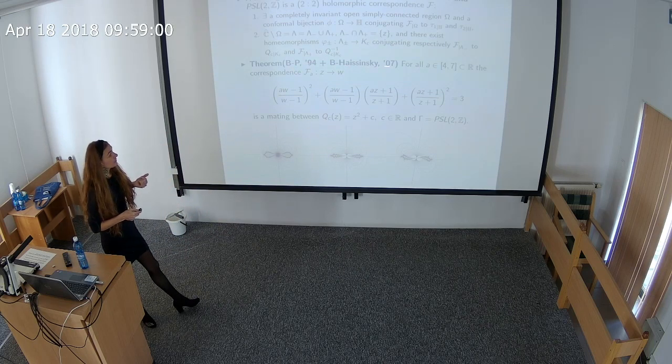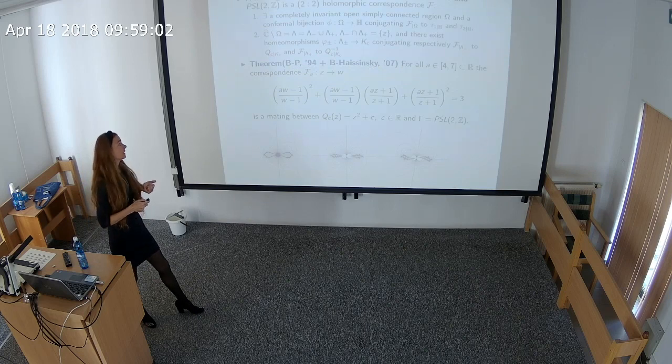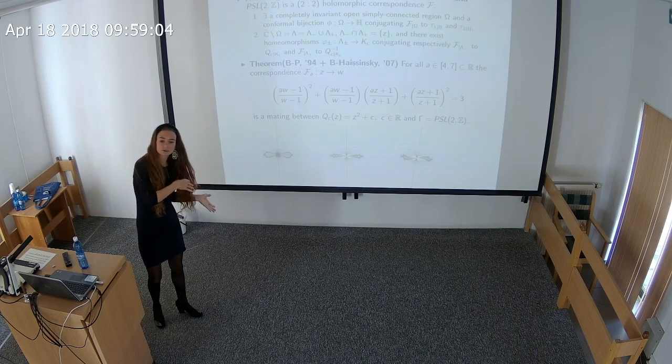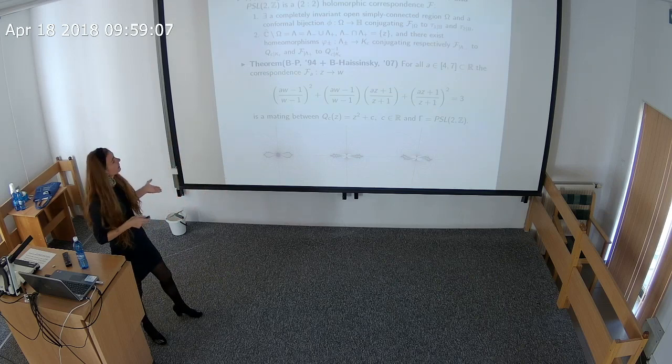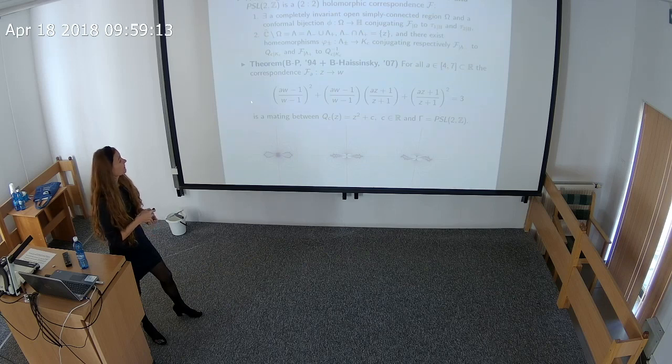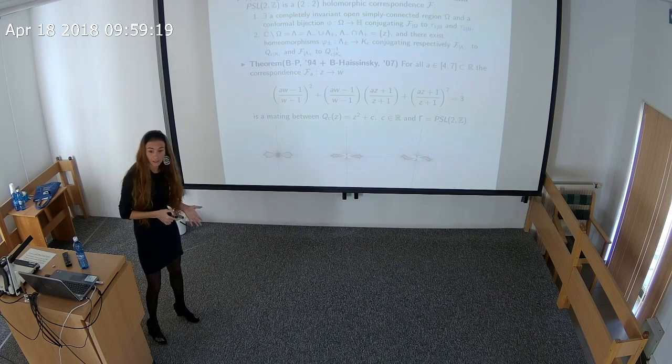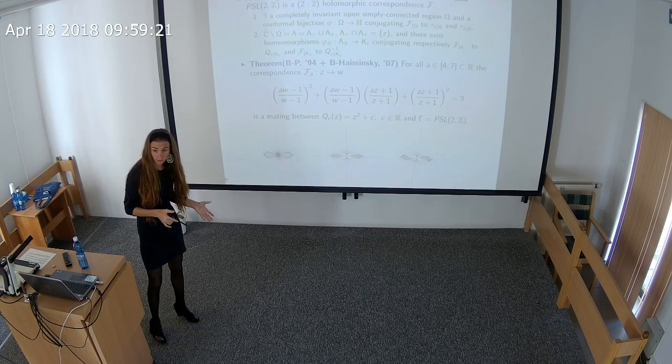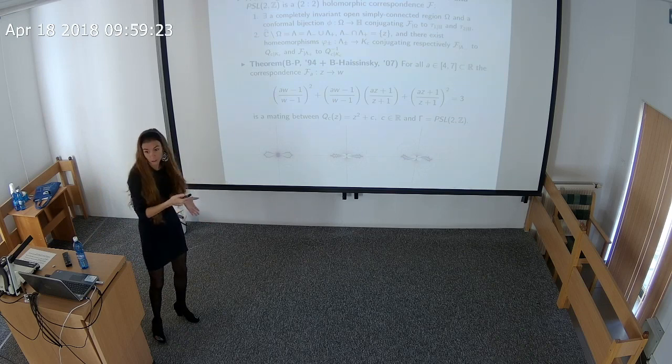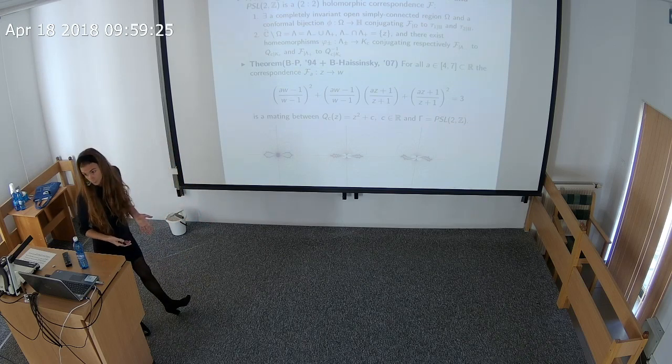And in the paper where they made this construction, which is in Inventiones in 1994, they proved that for A equal 4, this 2-2 correspondence is a mating between a quadratic polynomial, namely zeta squared, and the modular group.